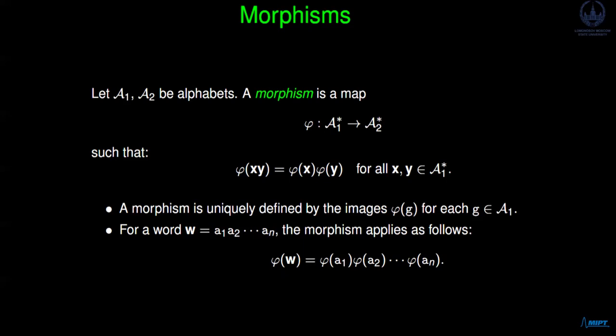For example, if we have a word W consisting of letters a1, a2, up to an, the morphism applies to the word as phi of W, which is equal to phi of a1 concatenated with phi of a2, up to phi of an. Morphisms are crucial in constructing words that avoid certain patterns and in analyzing the structure of infinite sequences.